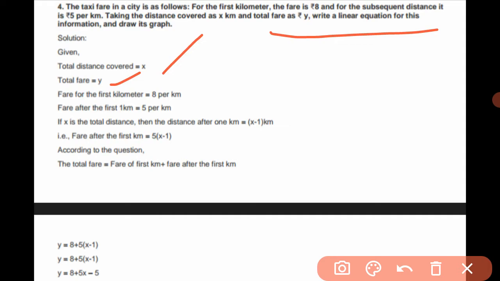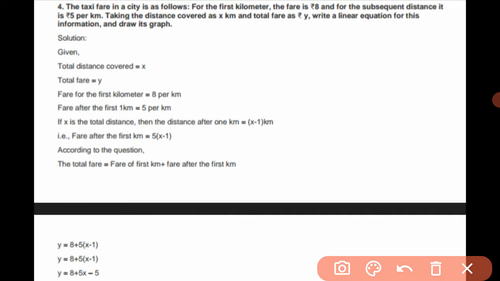The fare for the first kilometer is 8 rupees, and the fare after the first kilometer is 5 rupees per kilometer, meaning for each additional kilometer we have to pay rupees 5 when a person travels more than 1 kilometer.